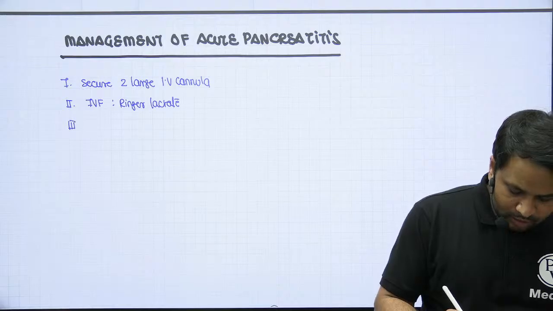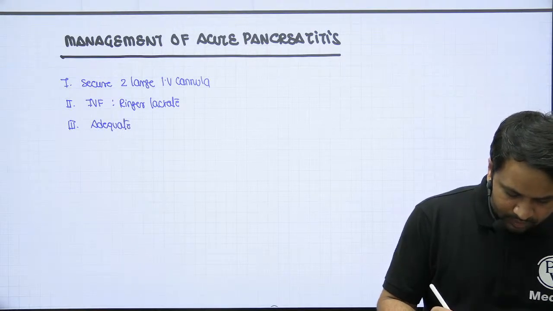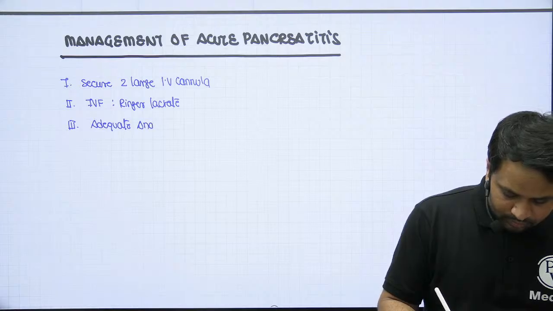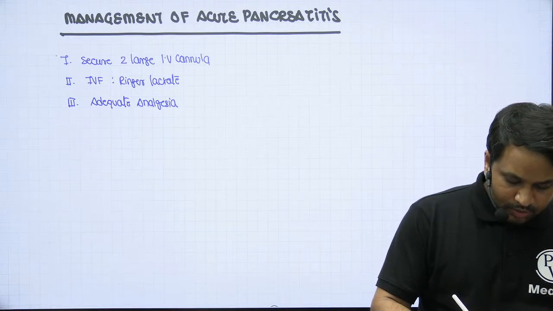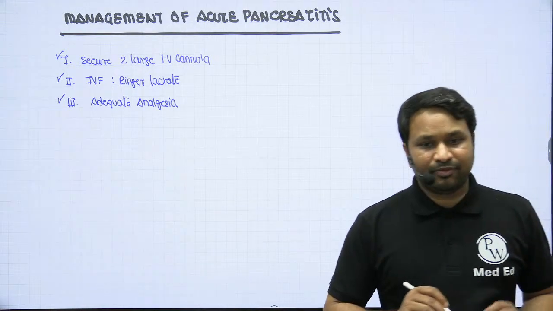Start the patient on adequate analgesia. So secure 2 large IV cannulas, Ringer lactate, adequate analgesia. This is the prime step that you'll do.